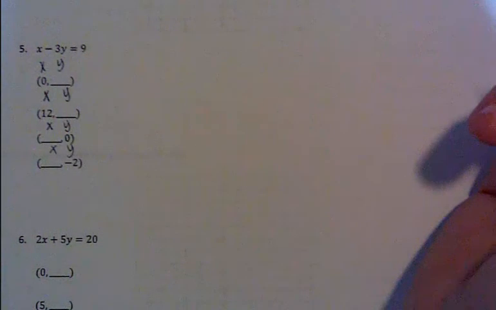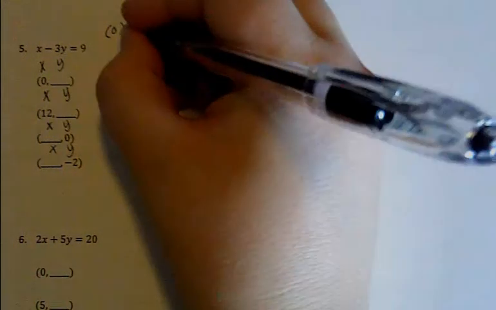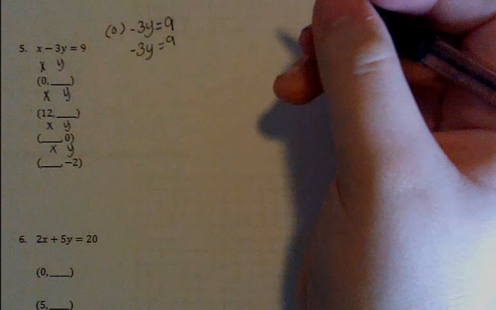So I'm going to label everything as my x and my y. Okay, so I have a 0 for my x value, and I don't know what my y is. So 0 minus 3y is just going to give me a negative 3y. And to get that y by itself, you would divide by a -3.